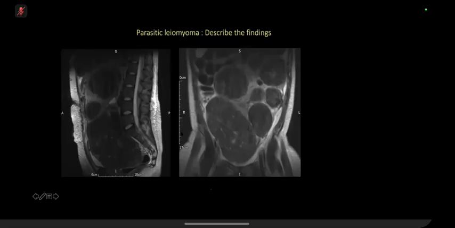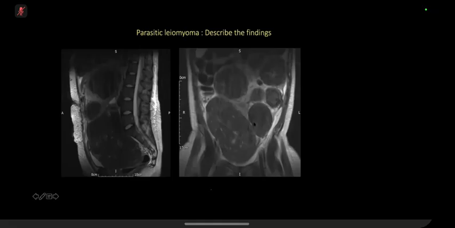So there are multiple heterogeneous, predominantly low T2 lesions within the endometrial cavity, but it can also appear to be outside the endometrial cavity and within the abdomen. On the coronal image, there appear to be at least 4 fibroids in the left upper quadrant, which is displacing the bowel to the right-hand side.